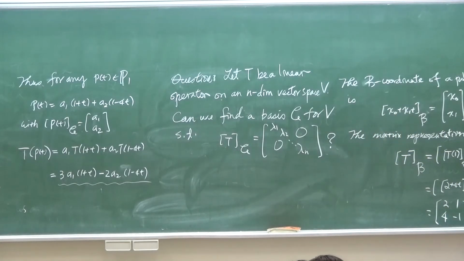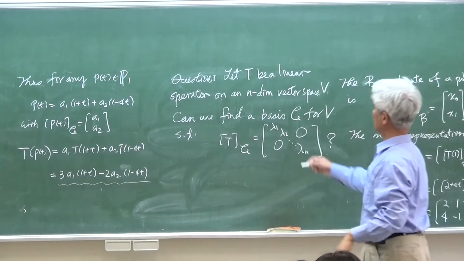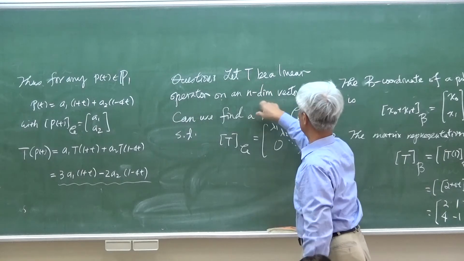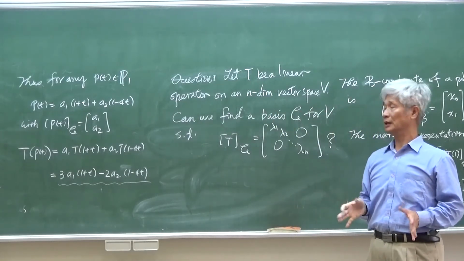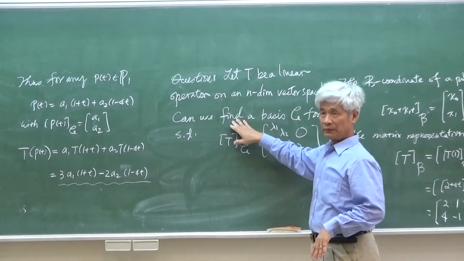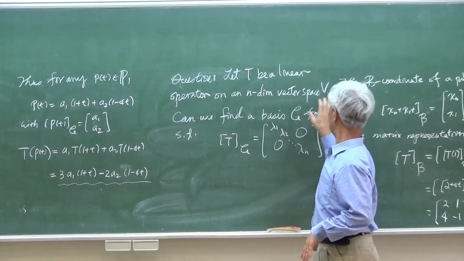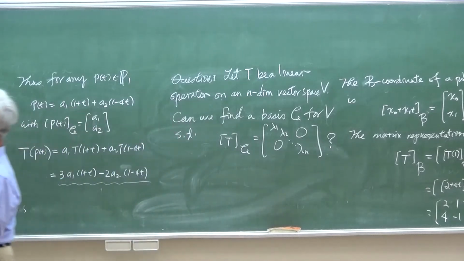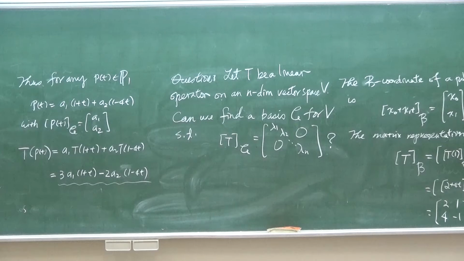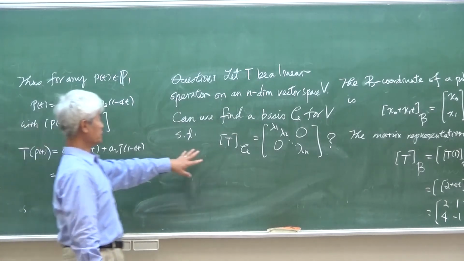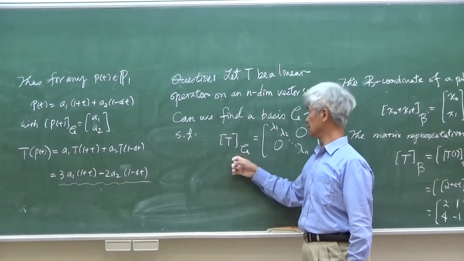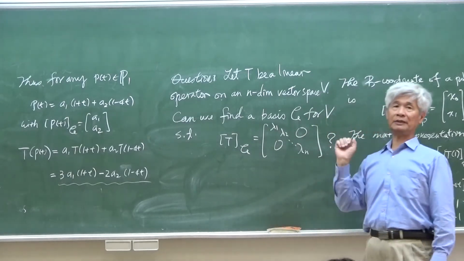So we put this question, right? So consider an arbitrary linear operator in an n-dimensional space V. Can we find a basis C for V? Just like here, we find a very special basis for T, and we find that the matrix representation of T relative to this special basis becomes a diagonal matrix.